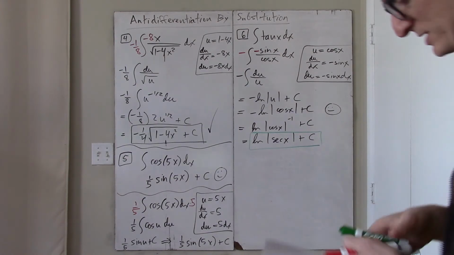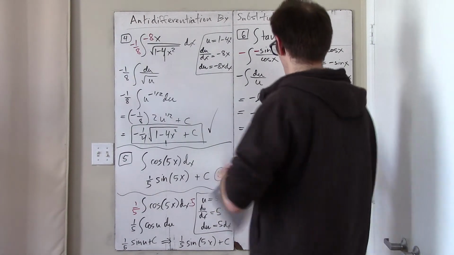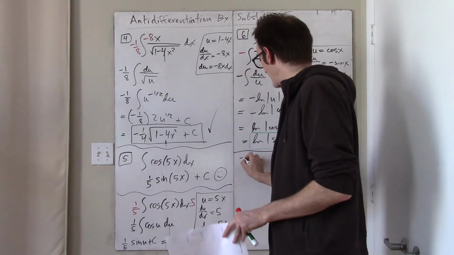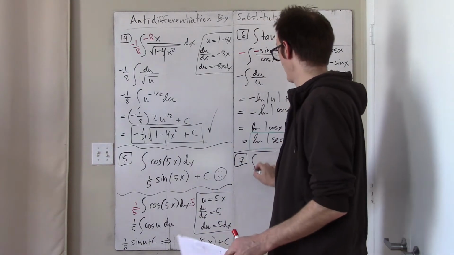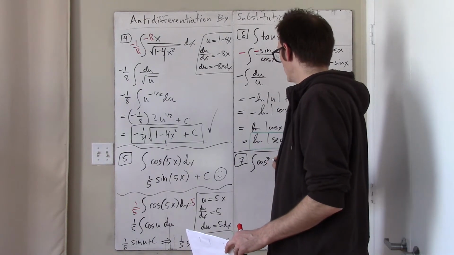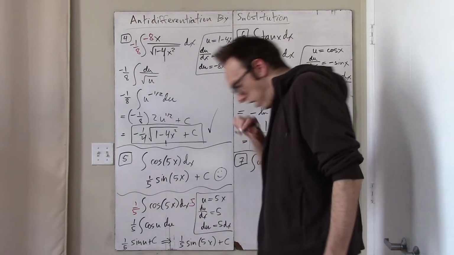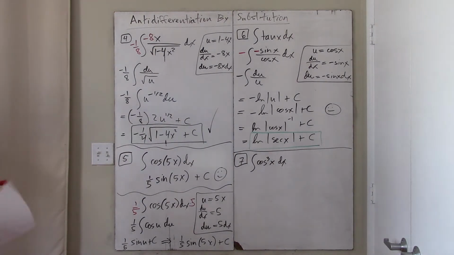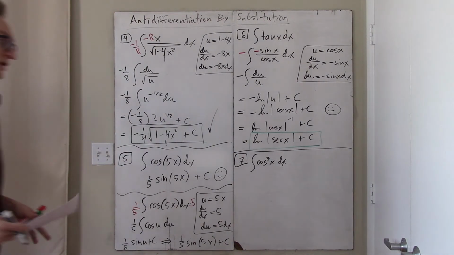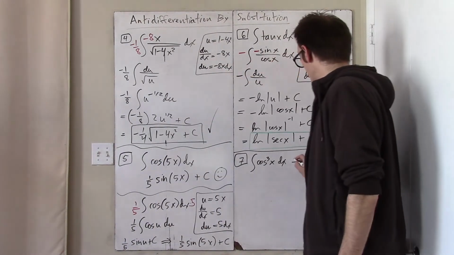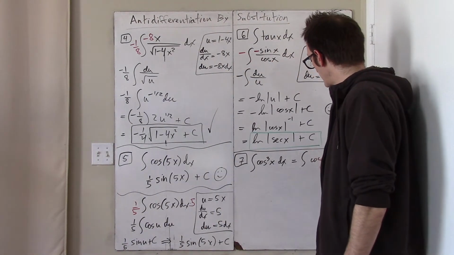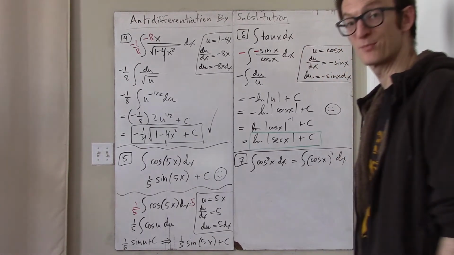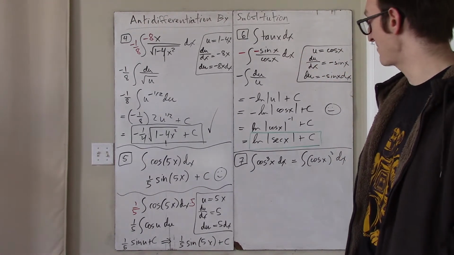Okay, let's do one more before I have to erase. This is another, I think, really hard problem. Antiderivative of cosine cubed. Here, frankly, in my opinion, it doesn't look like any chain rule happened here. You can rewrite this as cosine x quantity cubed, and maybe that makes the problem even more obviously bad.